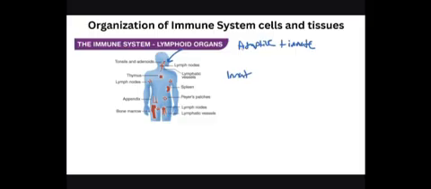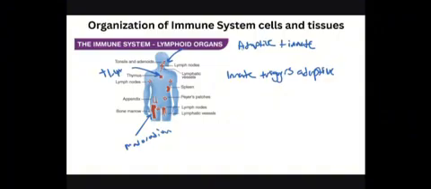Immune cells usually reside in lymphoid organs such as bone marrow, where the maturation of B lymphocytes occurs, the thymus, where the maturation of T lymphocytes occurs, and secondary lymphoid organs where they reside once they are mature, such as the lymph nodes, the spleen, and mucosal tissue.